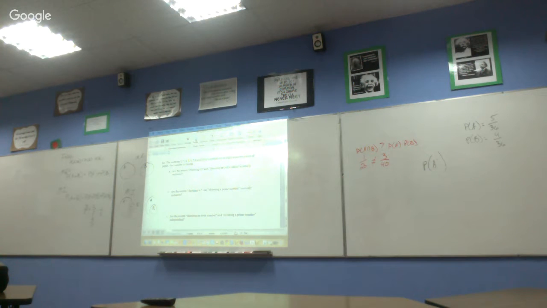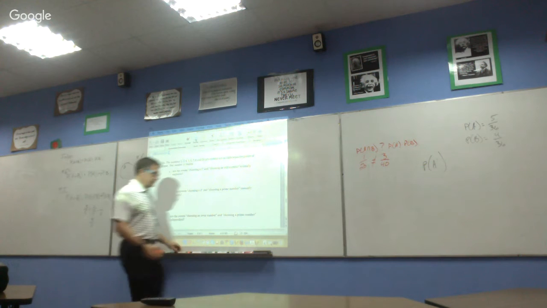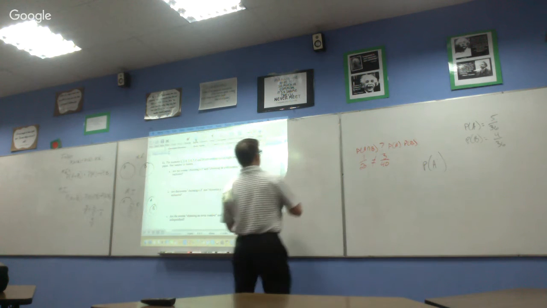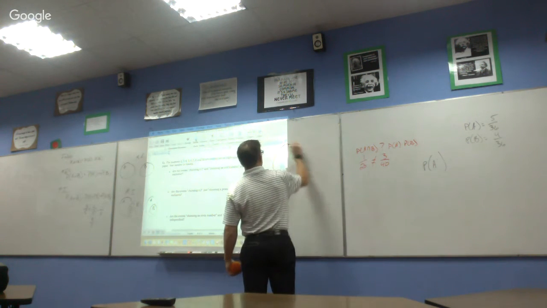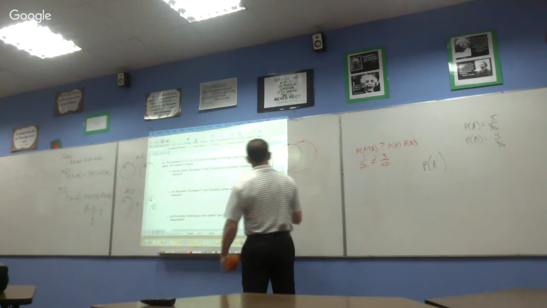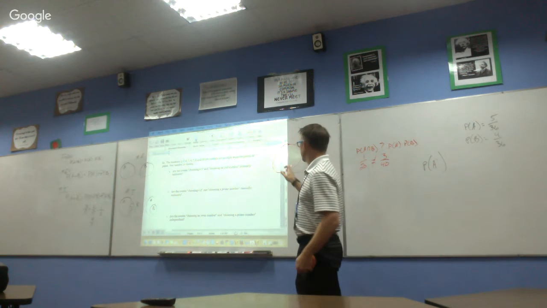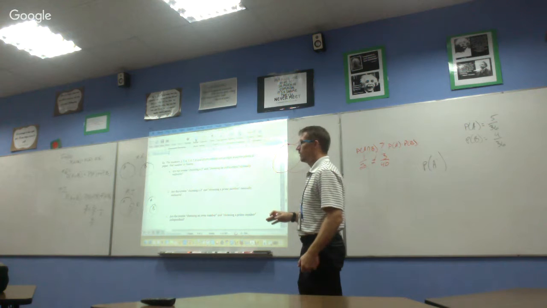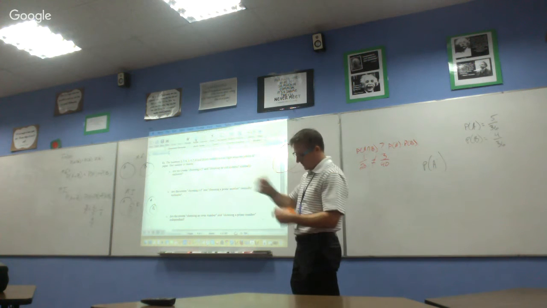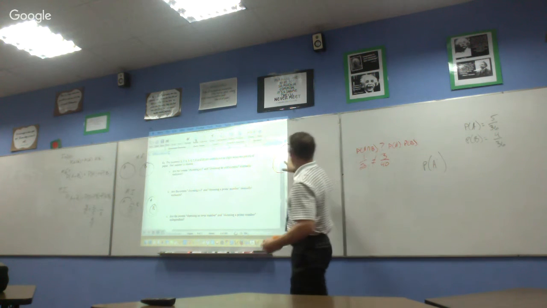Okay, fair enough. Let me rephrase this. When you set this up and say, okay, I'm going to do a Venn diagram, and you drew it like this, you could put the number in each event, and if there is nothing in the intersection, then you could say it's mutually exclusive. There you go.